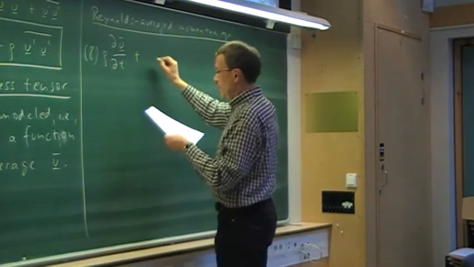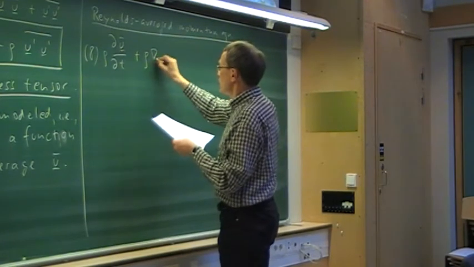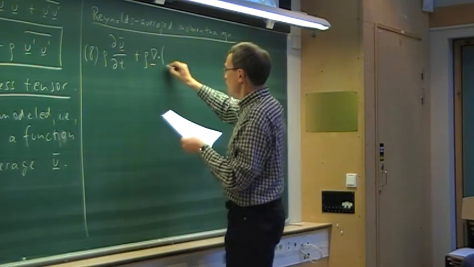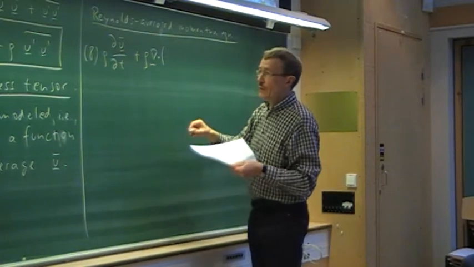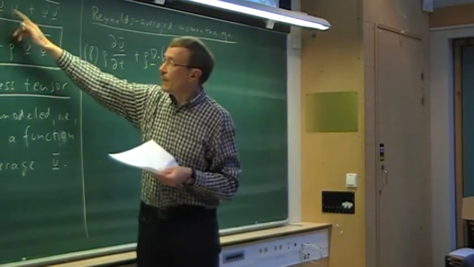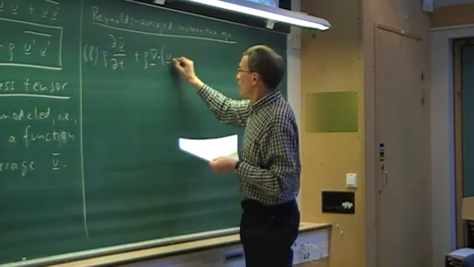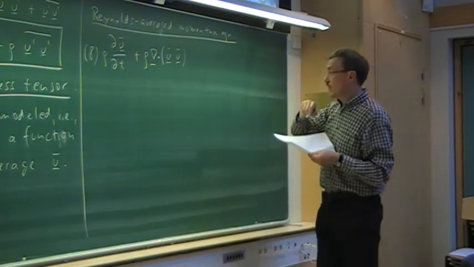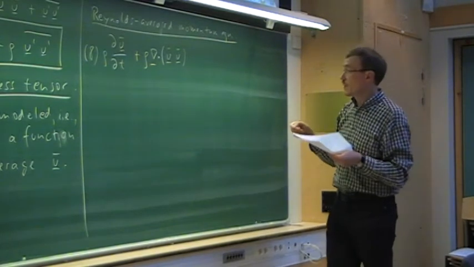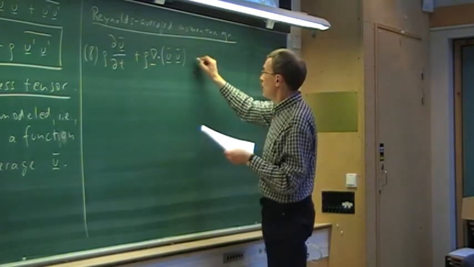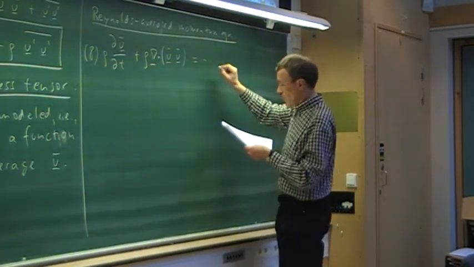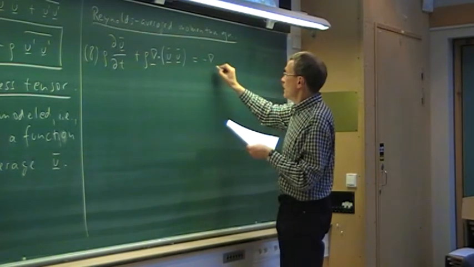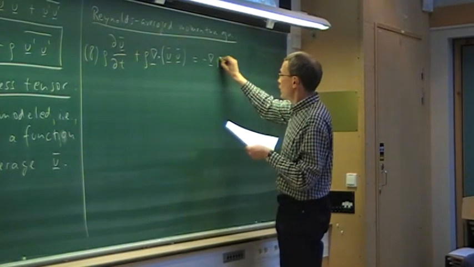Plus, and then we have rho times the divergence, and then we have here the nonlinear terms, and from them we will get these here, the mean velocity vectors will be involved, giving us the tensor. And on the right hand side we have minus the gradient of the pressure.